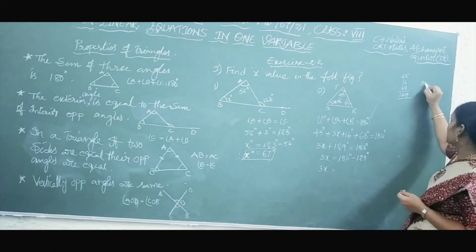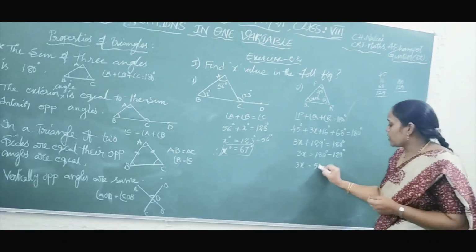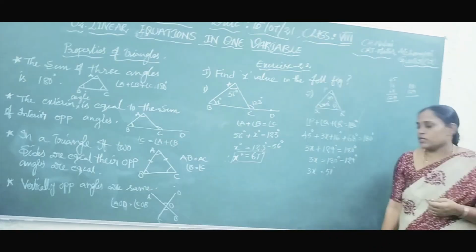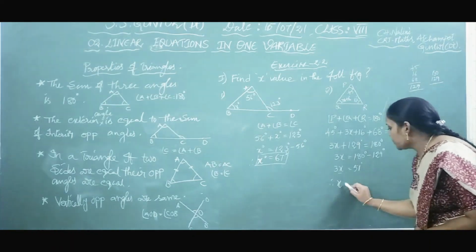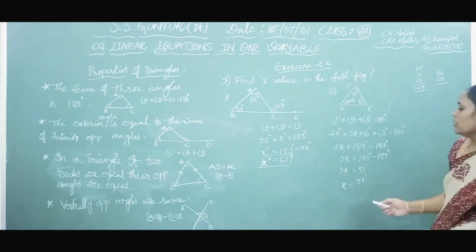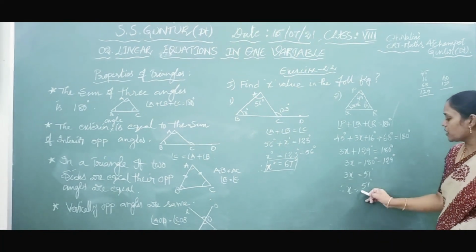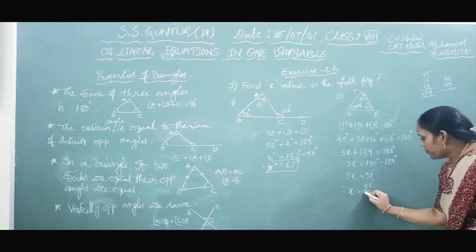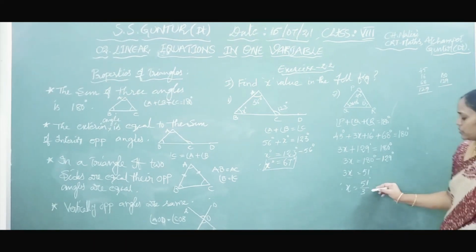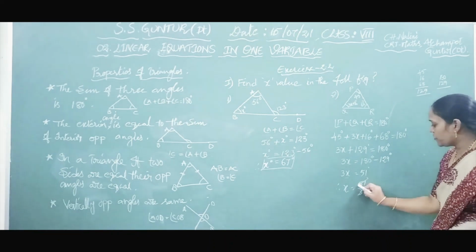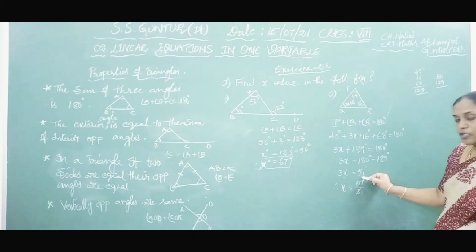Therefore x is equal to 51 divided by 3. In the 3 table, 51 is 17 times: 3 ones are 3, remaining 21, and 3 sevens are 21. Therefore x is equal to 17 degrees. This is the value of the unknown variable x.